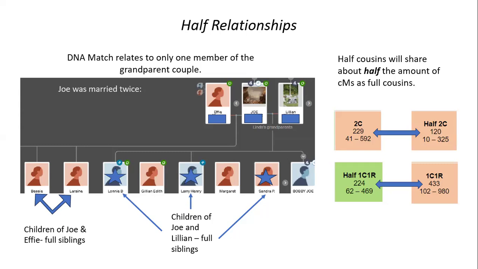Still falls within 10 to 325, but as you can tell, it's about half of what the full cousin would be. So that's something you want to keep in mind, okay? Sometimes a half cousin is a whole lot easier to work with because you can rule out that one side, especially if it's an unknown. So that's something to keep in mind.